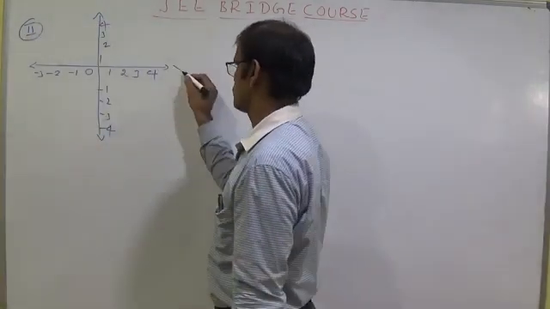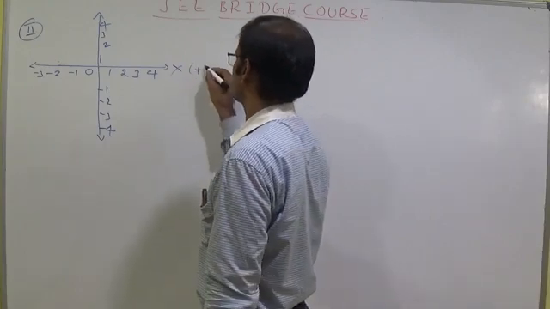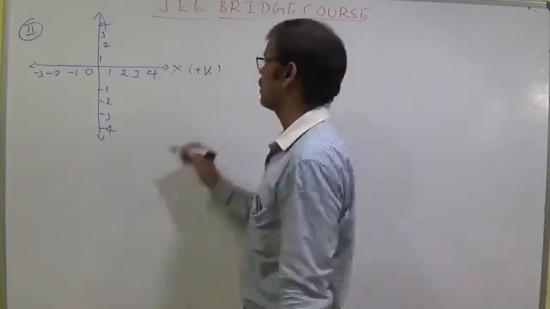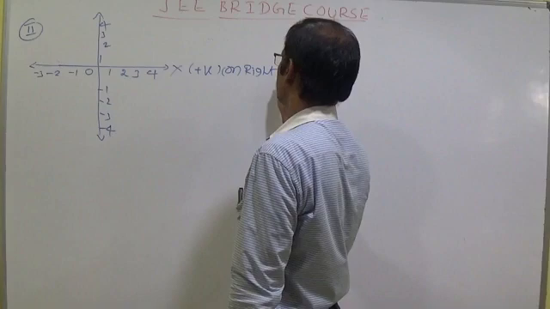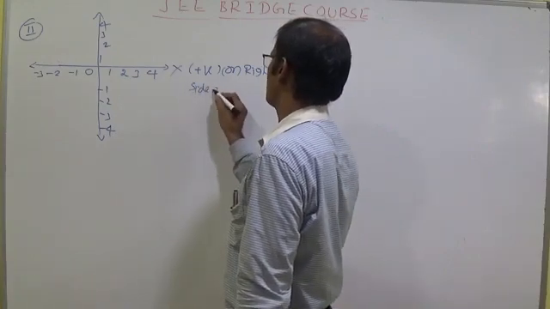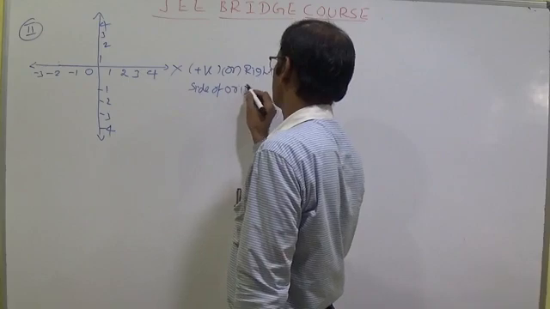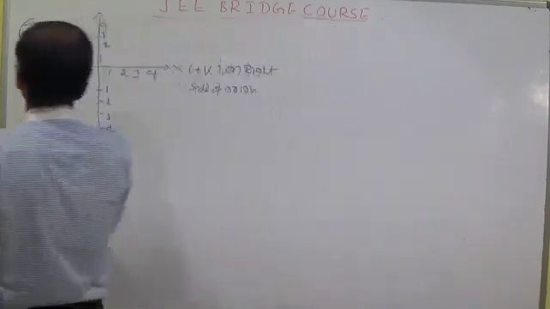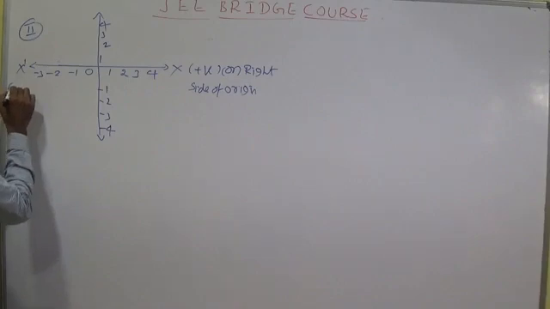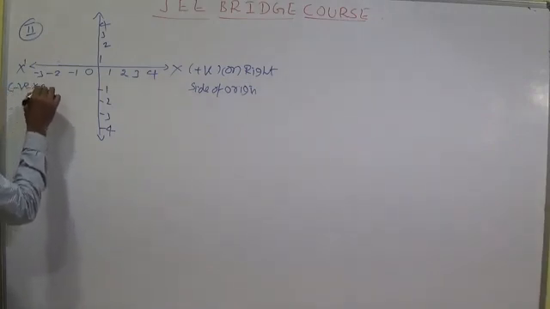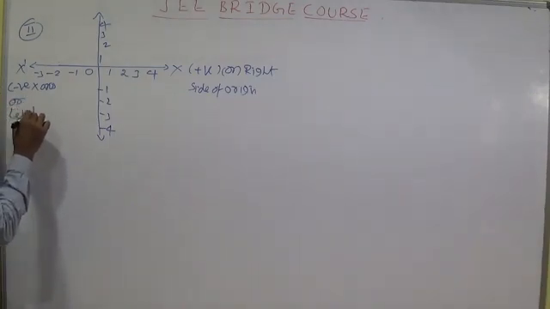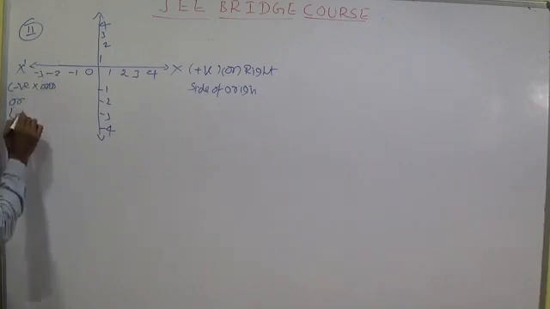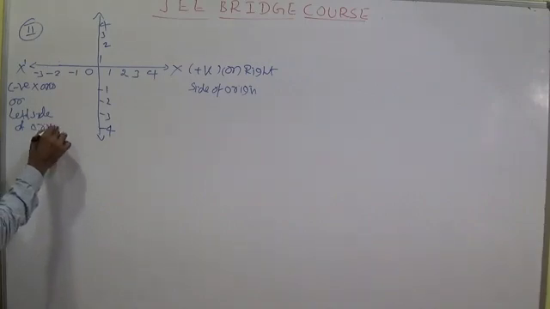This is the x-axis. This is called the positive x-axis, or right side of origin. This is the negative x-axis, X dash, or left side of origin.